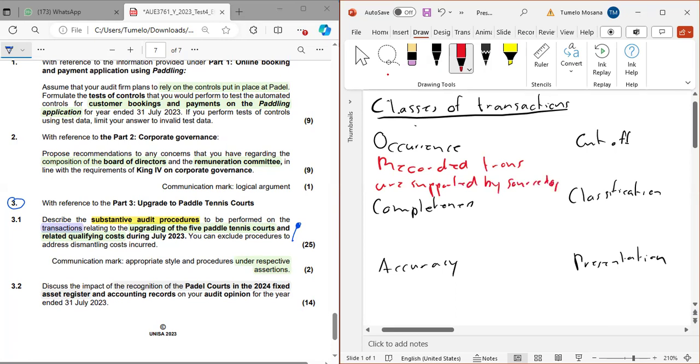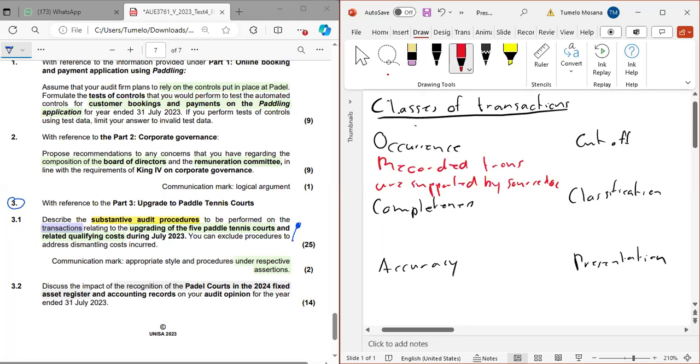Now, that's very basic. What you just have to do is support a transaction with a source document. Meaning, let me make it simple, if you are making a sale, there has to be an invoice. So that transaction has to be referenced to the invoice. The invoice is a source document.